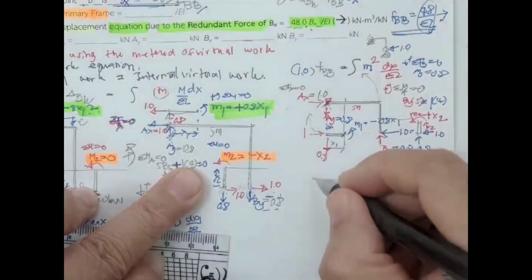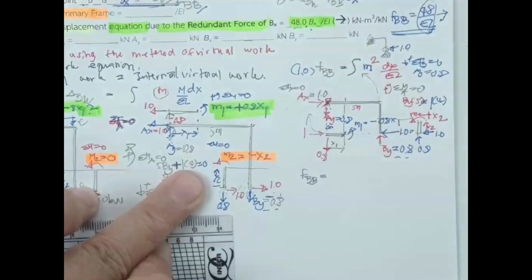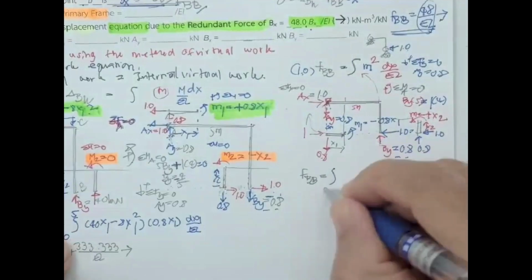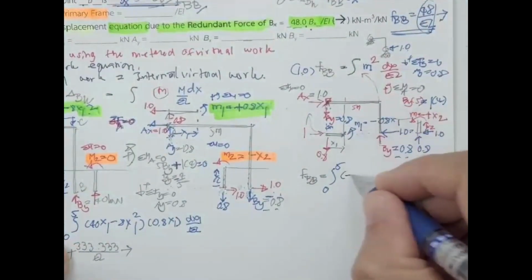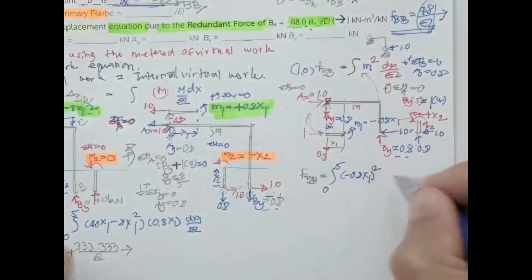Now, your F sub BB will be equal to integration. This one 0 to 5 and you have minus 0.8 x1 square.